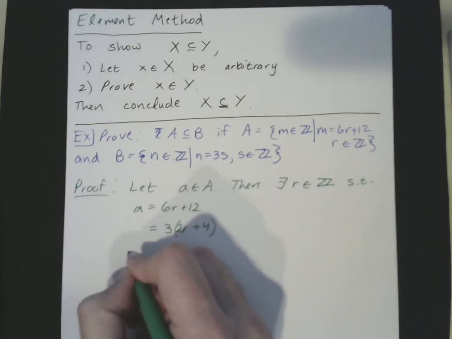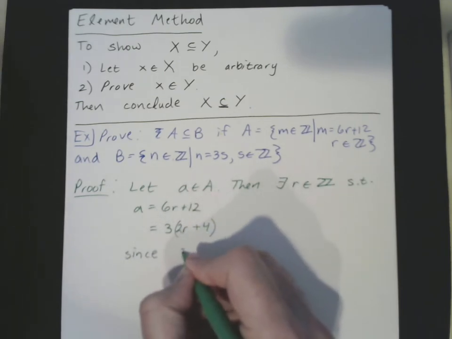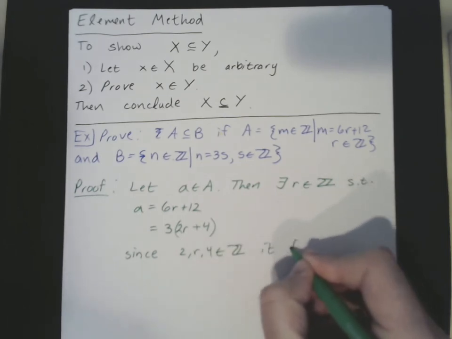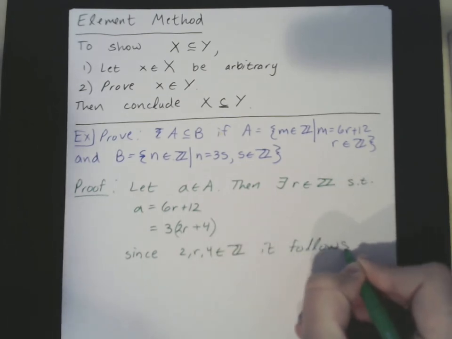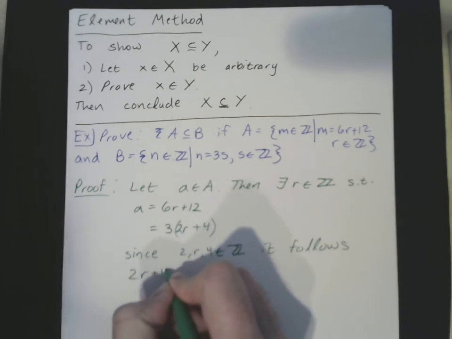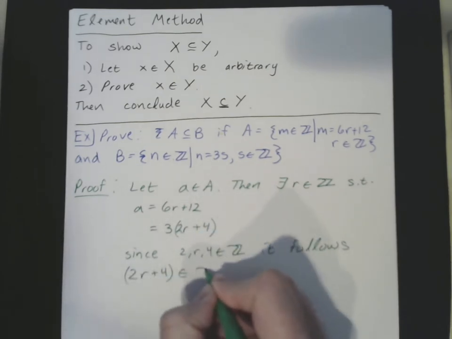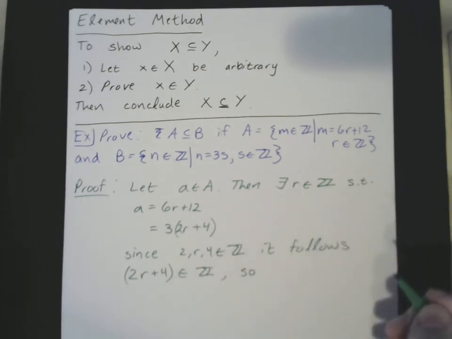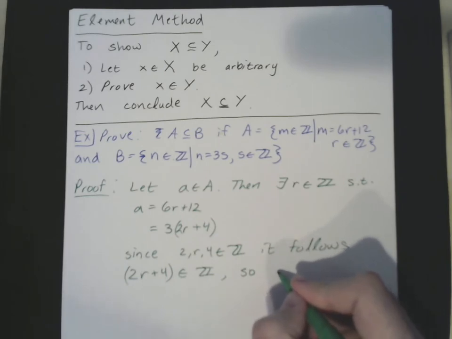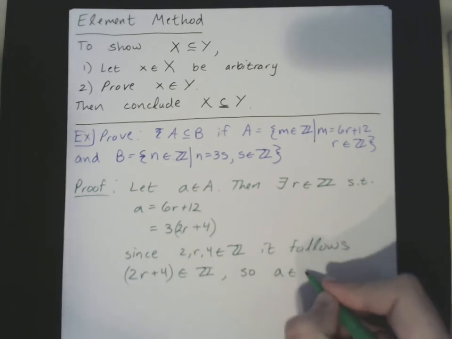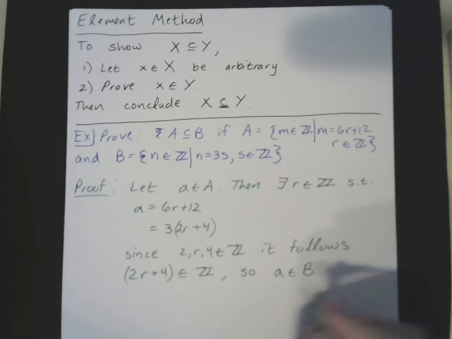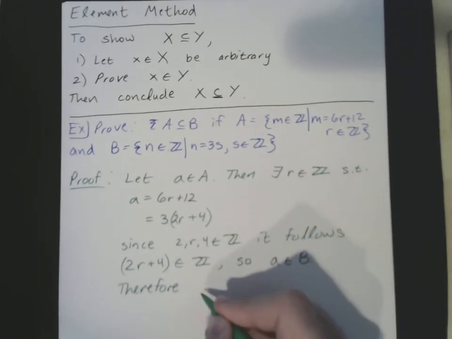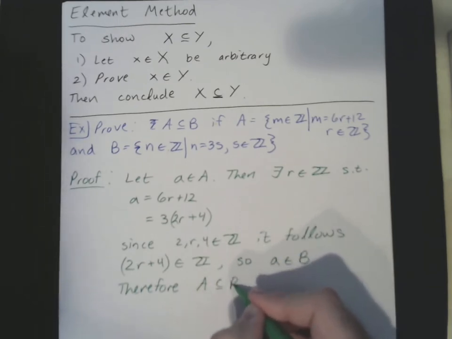And since 2, r, and 4 are all integers, it follows that 2r plus 4 is an integer. So a is an element of B. Therefore, capital A is a subset of B.